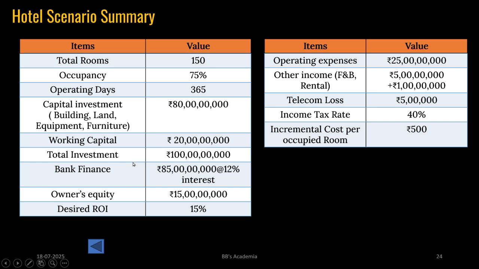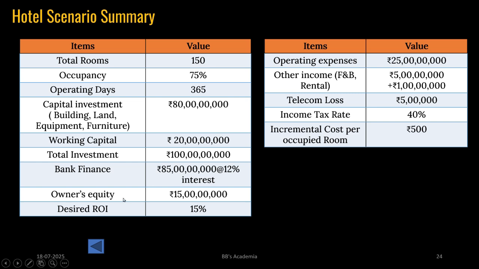If you add these two figures, we get the total investment, that is 100 crores. Out of these 100 crores, the bank is financing 85 crores and will charge 12% annual interest.